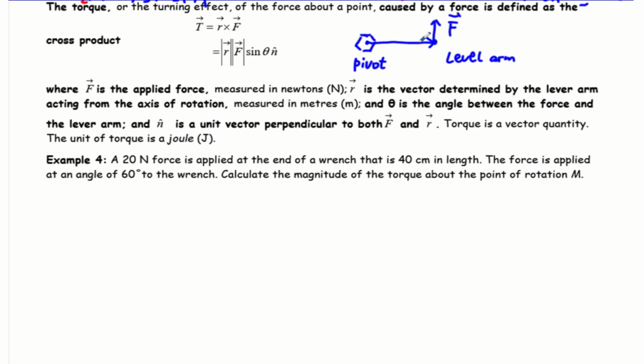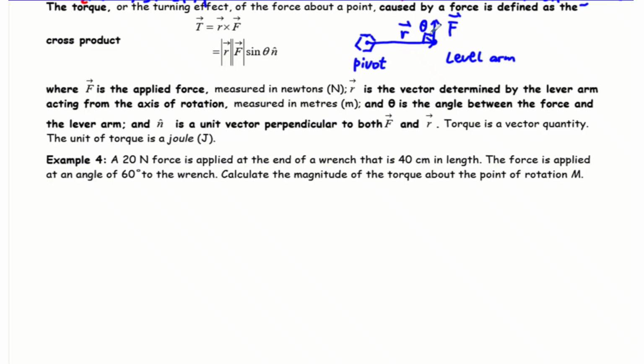The R is just the distance from that pivot point to the force applied.